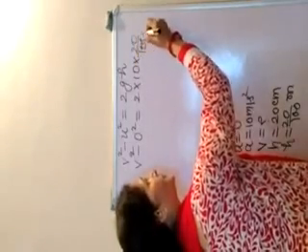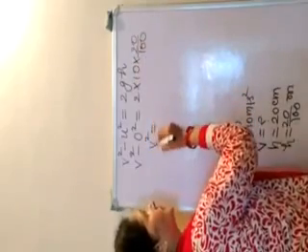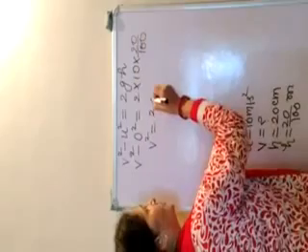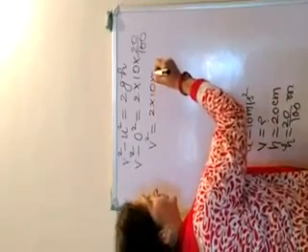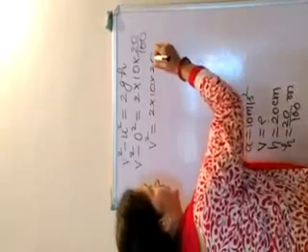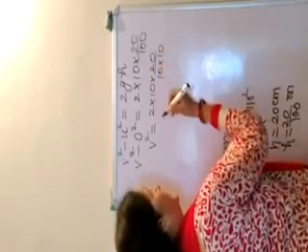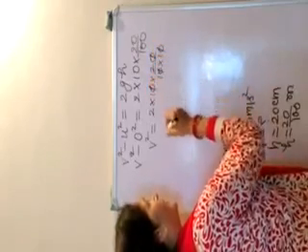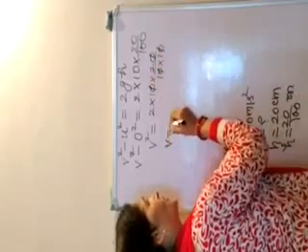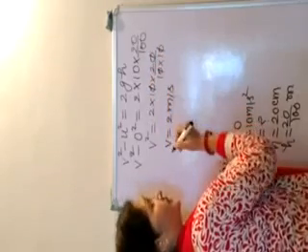Now v square is equal to 2 into 10 into 20 by 10 into 10. Now cancel, and v is equal to 2 meter per second.